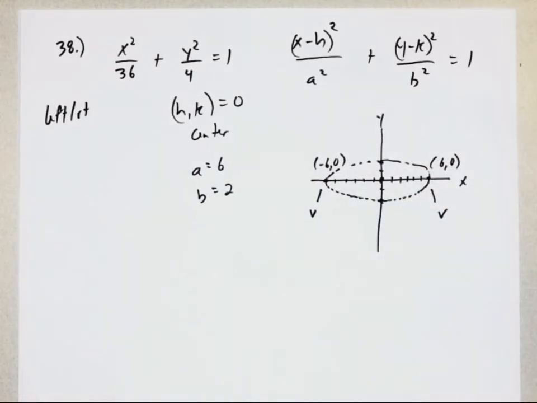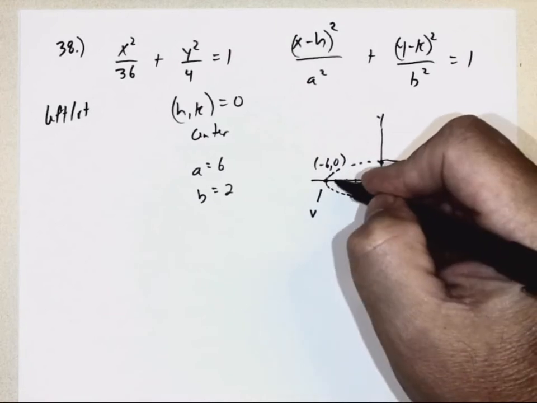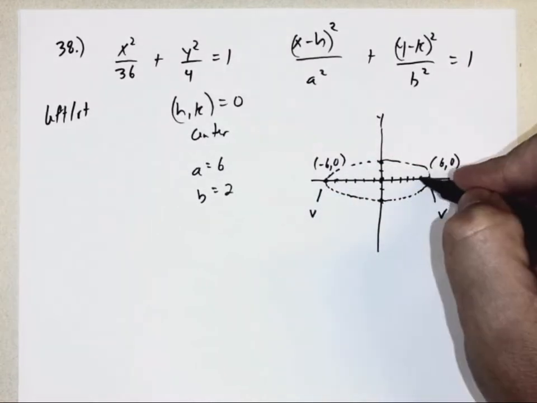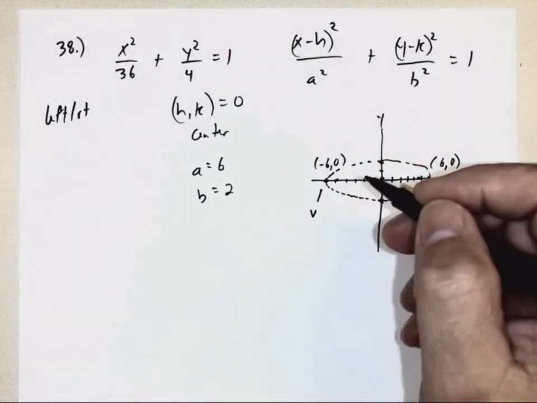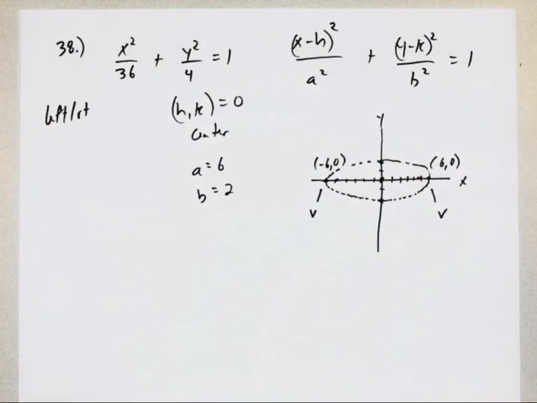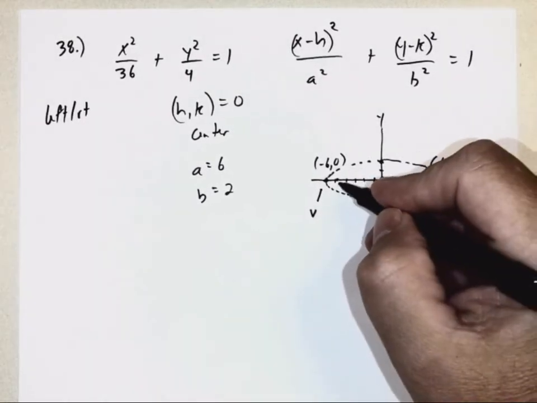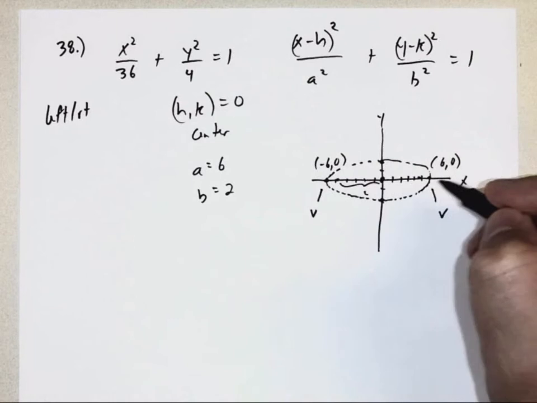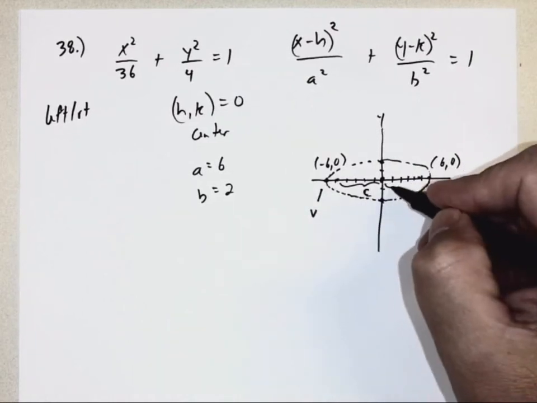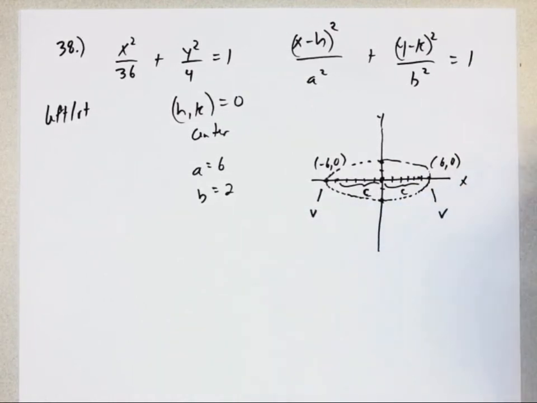Now the foci are these points somewhere inside the ellipse. This distance right here is called C. We need to figure out C to figure out the foci.